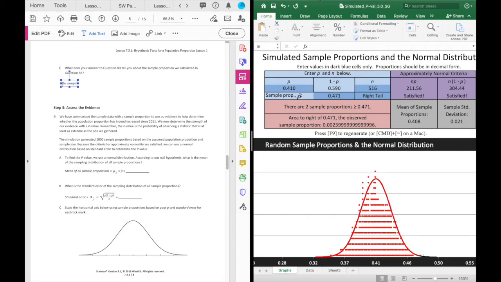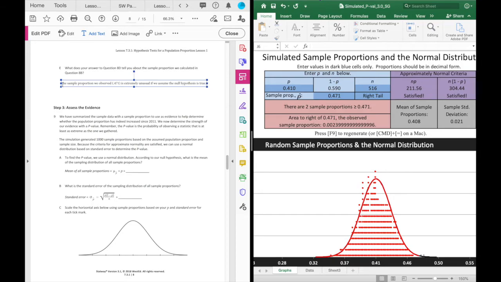The sample proportion we observed, which is 0.471, is extremely unusual if we assume the null hypothesis is true.